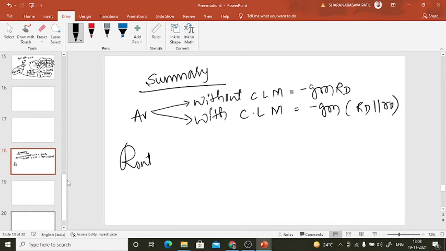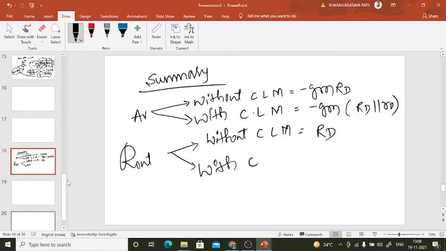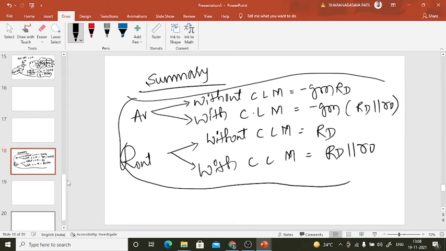R out without channel length modulation is RD. With channel length modulation, it is RD parallel with R0. You try to remember these four equations. This is very important to solve problems.